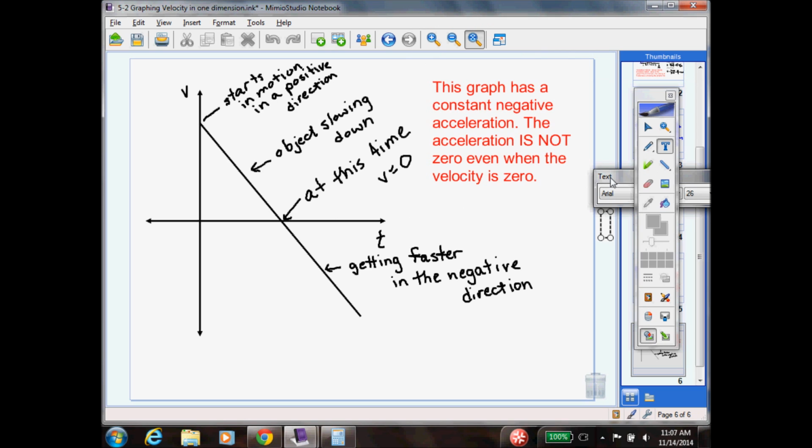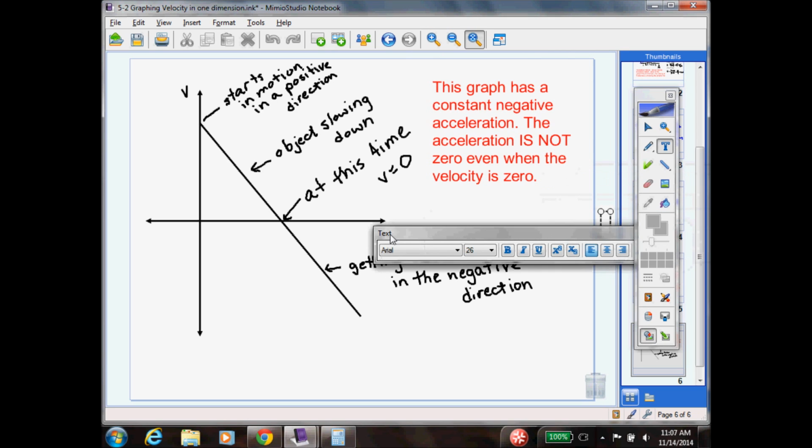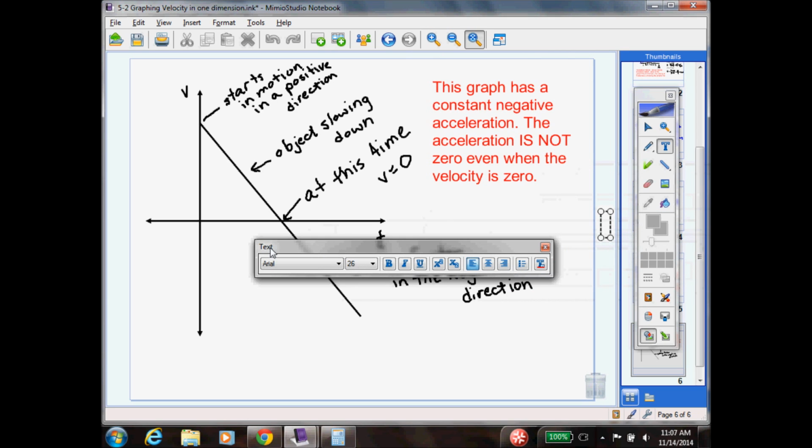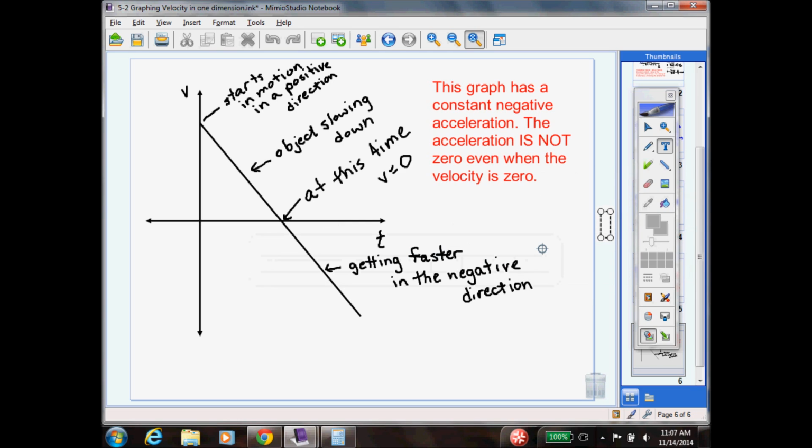So if you are organizing your information, like when we get to do problems a little bit later, the acceleration.